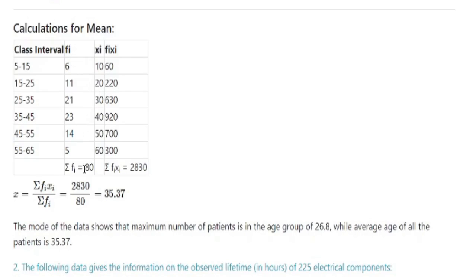Now complete this table. Then you have to find sigma fi, the sum of the frequencies, which is 80, and sigma fi xi, which is 2830.